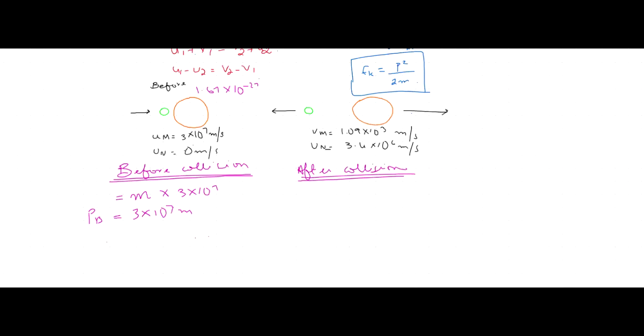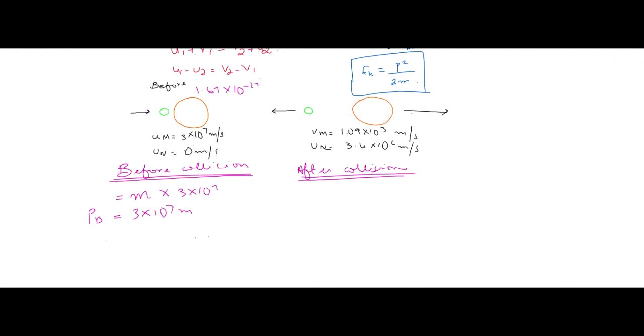Okay, so to find the momentum after the collision, you have to multiply the final velocity of the neutron particle by its mass. Right, exactly.